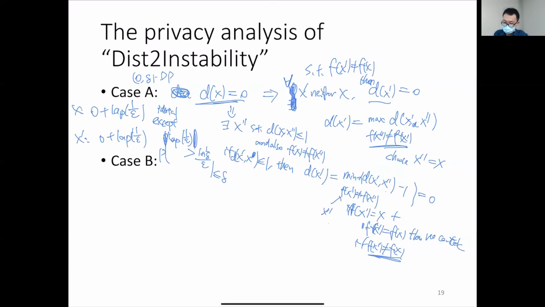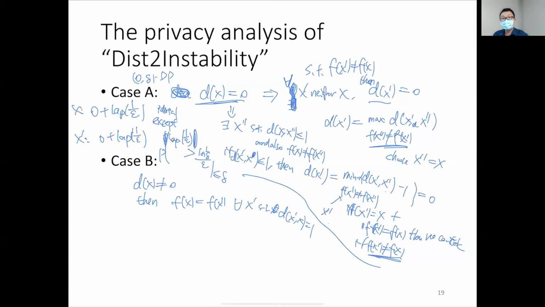Now let's go to case B. This is when d of x is not 0, right? When d of x is not 0, then f of x is equal to f of x' for any x' such that x' and x are neighbors. Why is that the case?